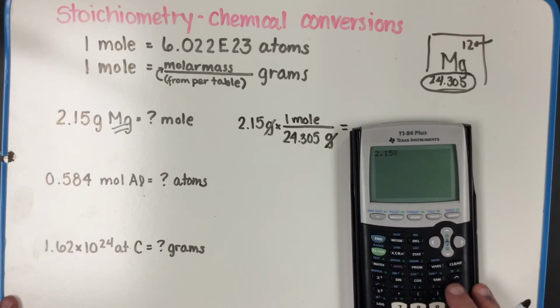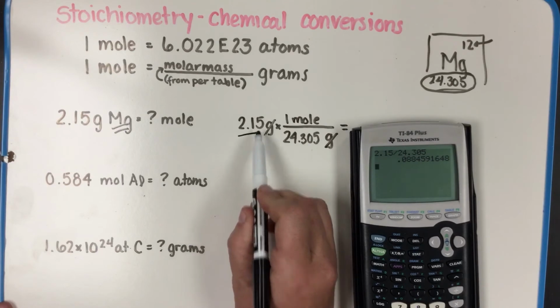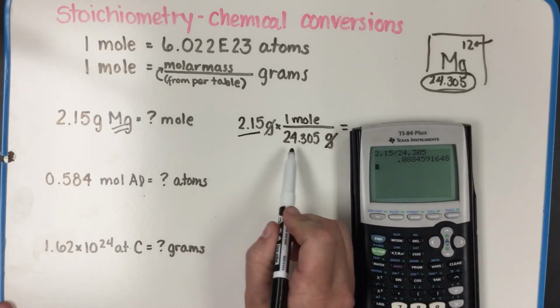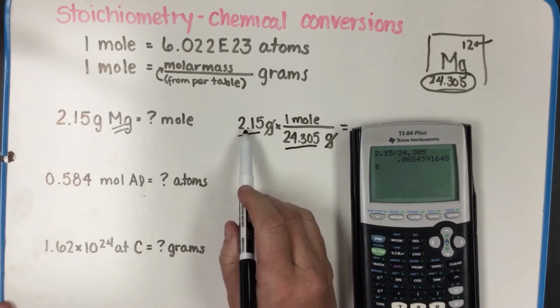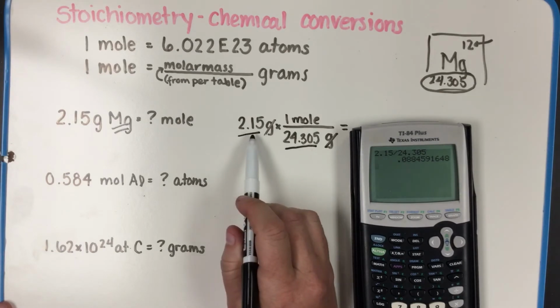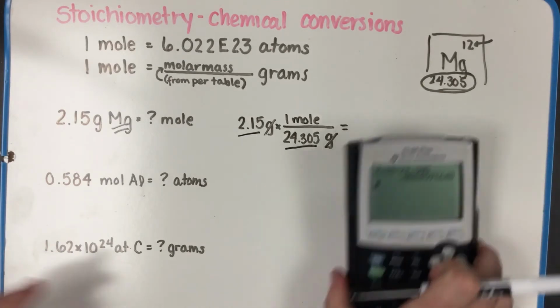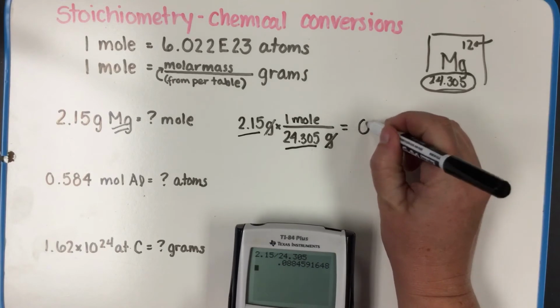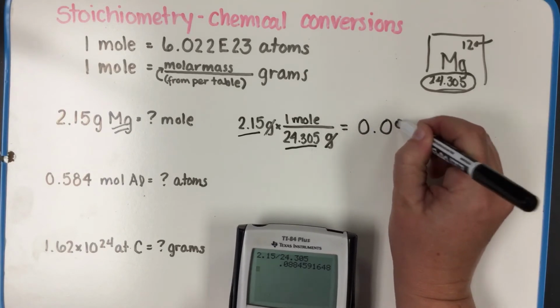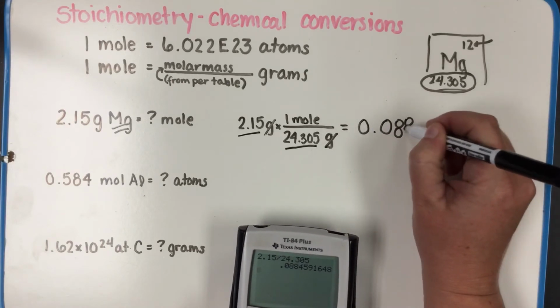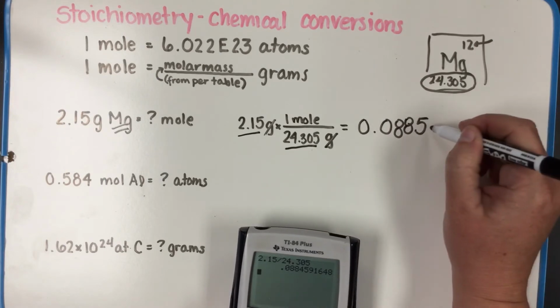So 2.15 divided by 24.305 is equal to 0.088459. We can only keep 3 significant figures because we have 3 here and we have 5 here. 3 is less than 5, so we keep 3. Remember, the leading 0 is not significant, so our final answer would be 0.088, and it would round up to a 5.